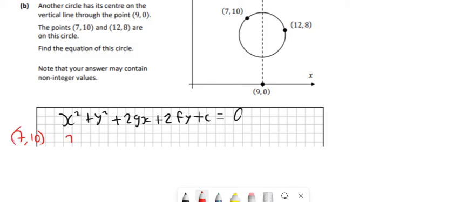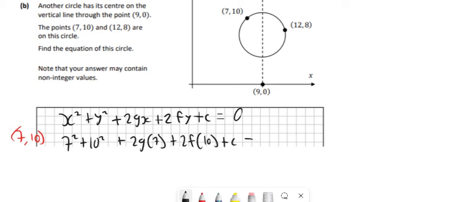So we get 7 squared plus 10 squared plus 2g times 7 plus 2f times 10 plus c is equal to 0. Then that will give me 149, 7 squared and 10 squared added together, plus 14g plus 20f plus c is equal to 0.